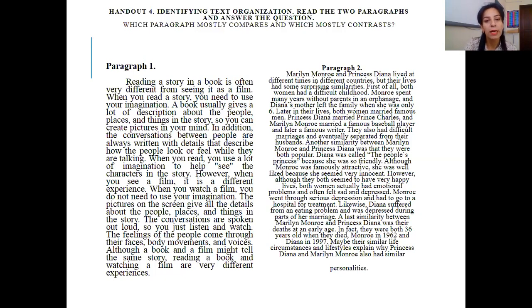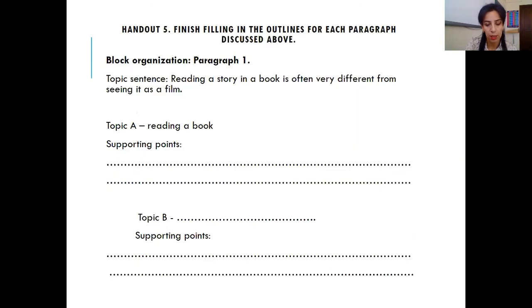So, dear students, analyze the structure and the way the topics are described here in paragraph 1 and in paragraph 2. So let's analyze. When we analyze, we have to speak about two ways of organization, which are block and point-by-point methods of organization.